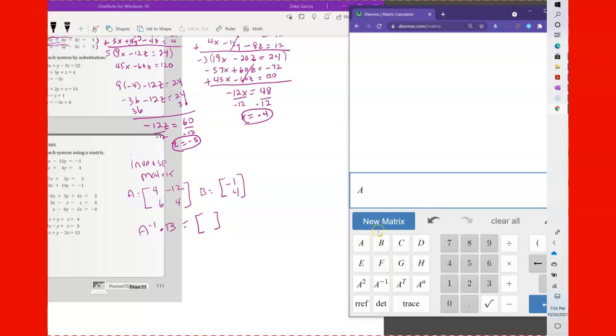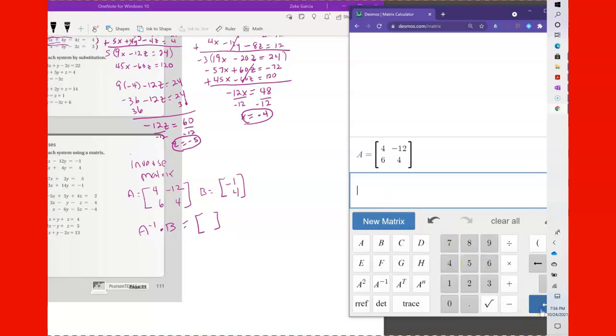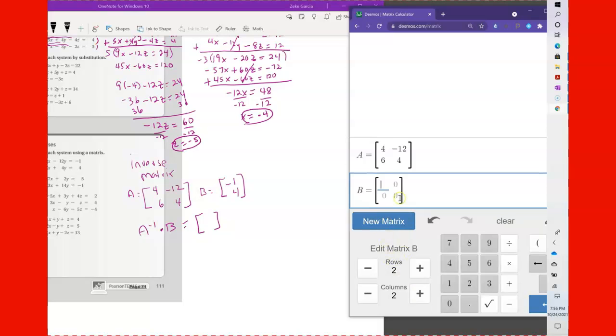You're going to go A, new matrix. It's 2 by 2, so it's going to be 4, negative 12. Remember that the signs are really important. Then you have 6, and then you have 4. Press enter. Then you want to write in matrix B, new matrix B. And this will be 2 rows, 1 column.